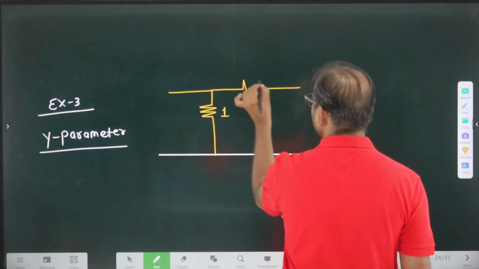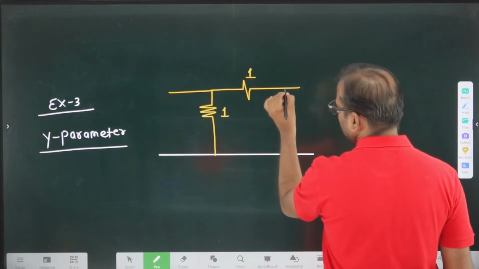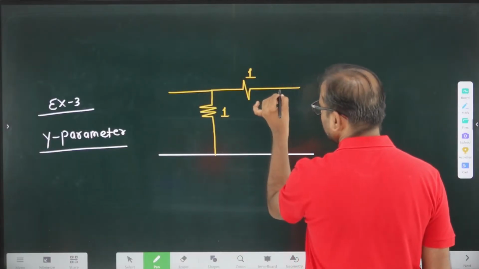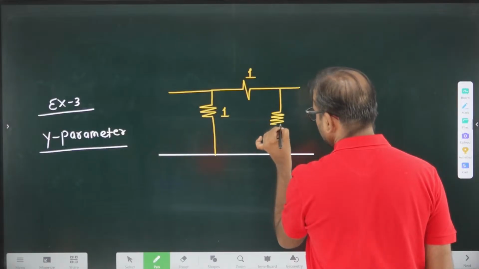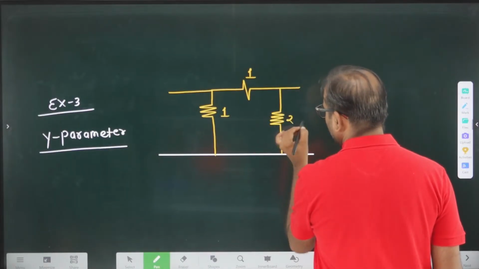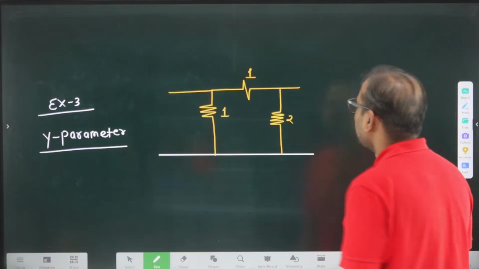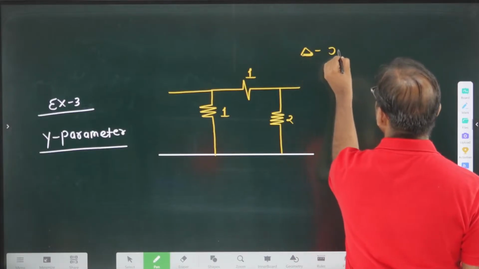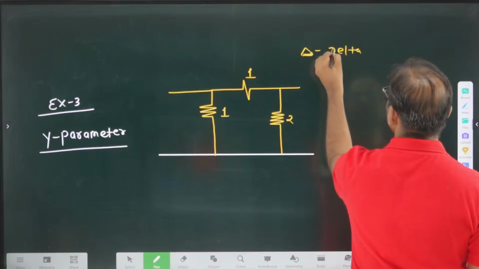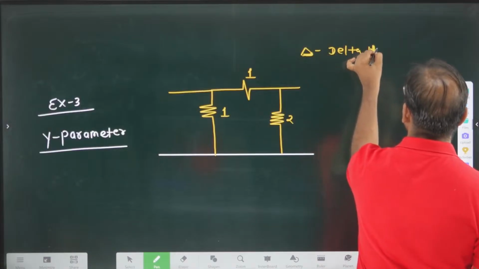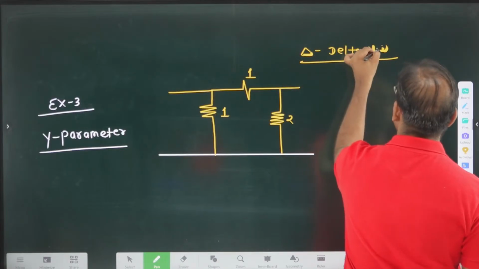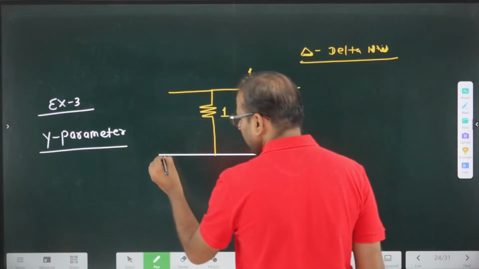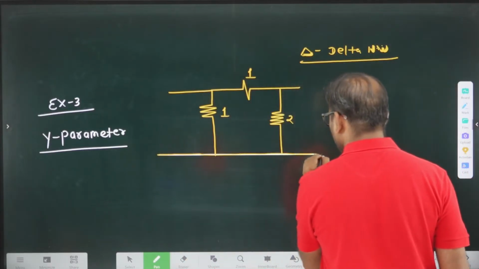You can select any number, 2 ohm, 5 ohm, any number. This is one delta network, and for this delta network we are interested in the y parameter of this network.